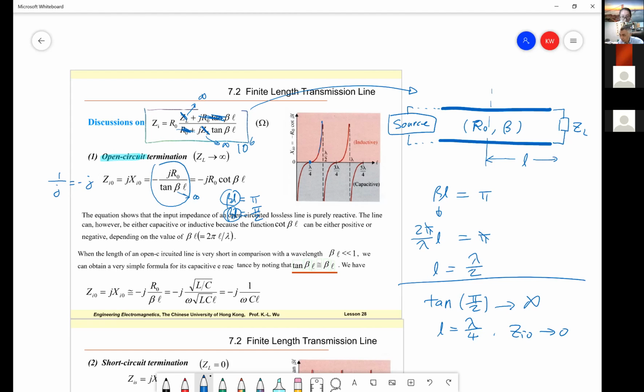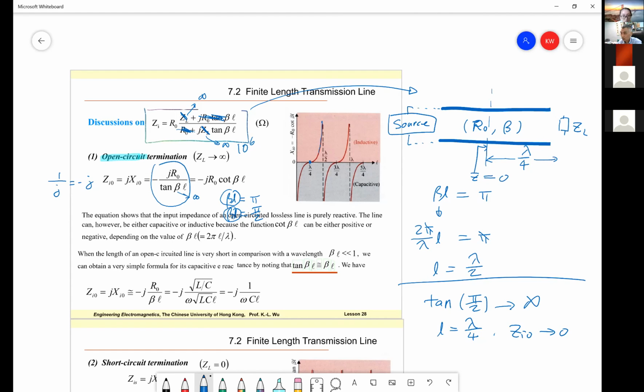That means at a different location, if this location is lambda over 4, once this is open circuit, what do you say is the impedance?